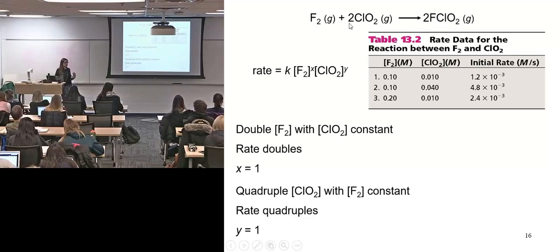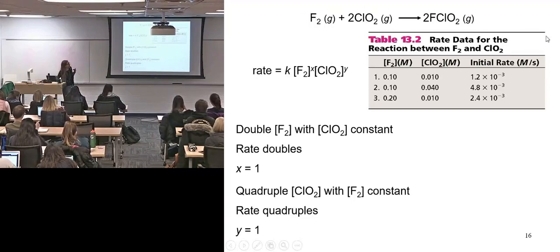If I wanted to write reaction rate as the change in concentration of fluorine over time, it would be equal to 1/2 the formation of chlorofluoride. If I want to relate this rate to the rate of decrease of this, it's twice as much. I need my stoichiometric coefficient here, but in terms of my rate law equation, there is no 2.